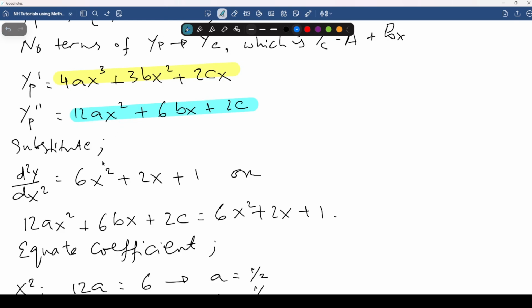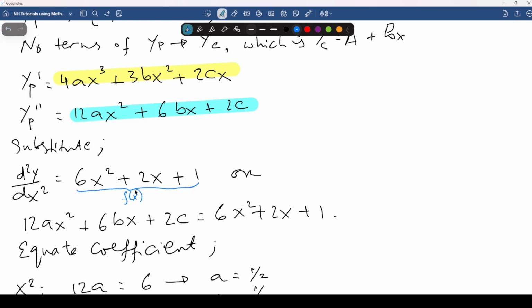So 12ax squared plus 6bx plus 2c equals the non-homogeneous part, which is the f of x.